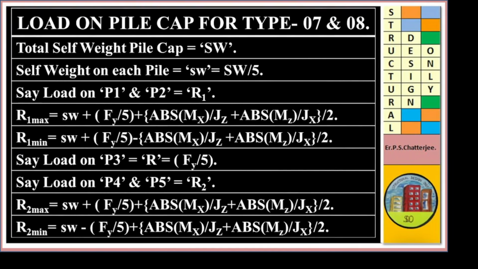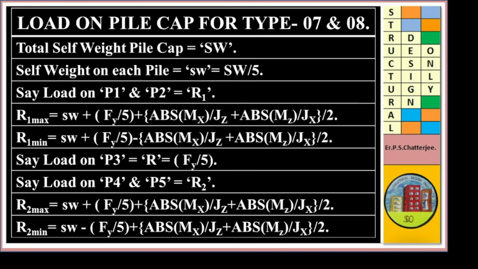Load on pile caps for type 7 and 8. Total self weight on pile cap is equal to capital SW. Self weight on each pile, small sw, is equal to capital SW divided by 5. 5 is the total number of piles. Say load on P1 and P2 is equal to R1.